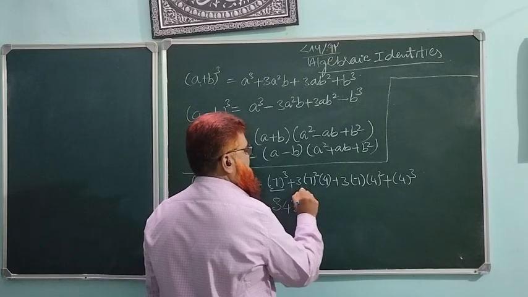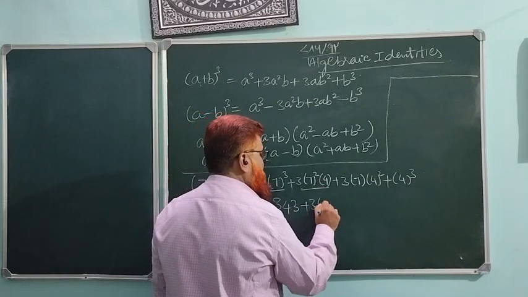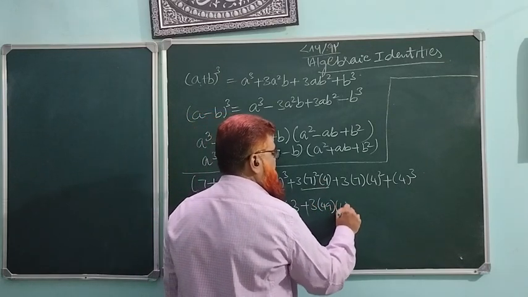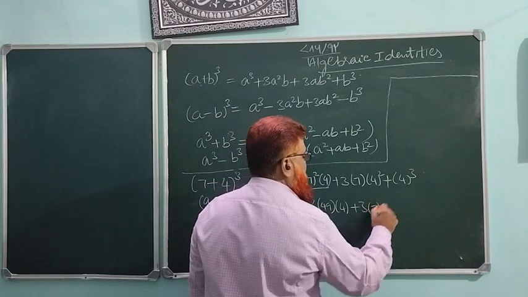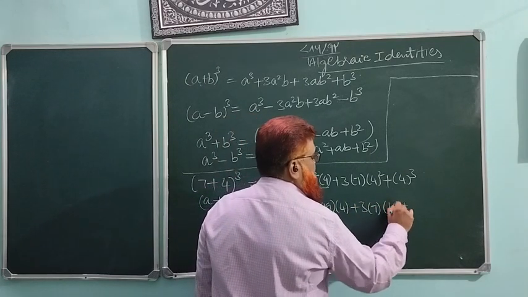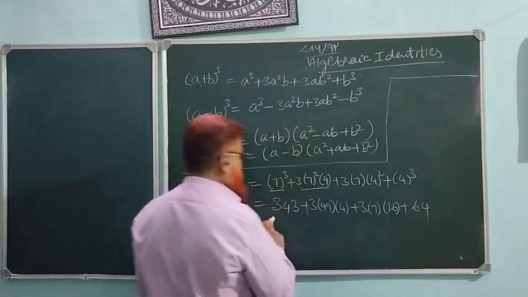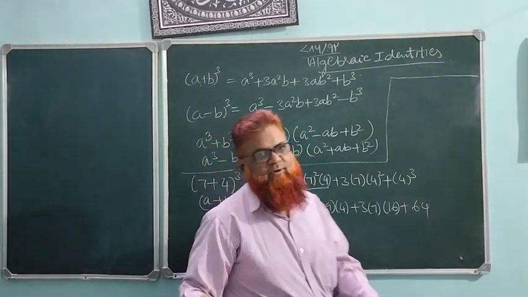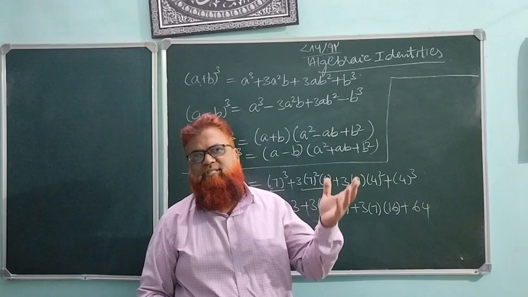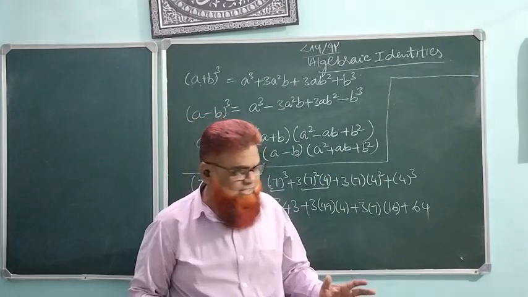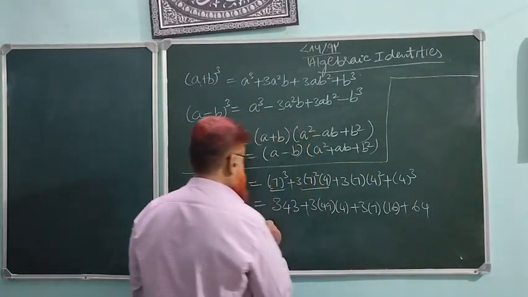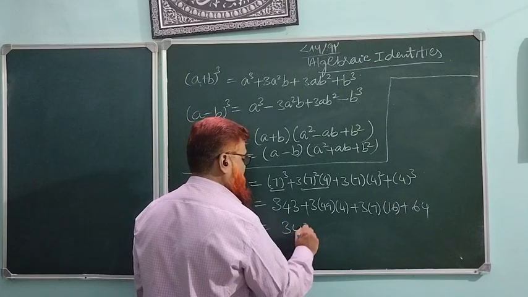343 plus this is 3, 7 square is 49 and this is 4. This is 3 into 7 and this is 16 and this is 64. The first and last, anyway, I just simplified. 3 whole cube, 7 whole cube is 343, 4 whole cube is 64. Now, see this one, 343.